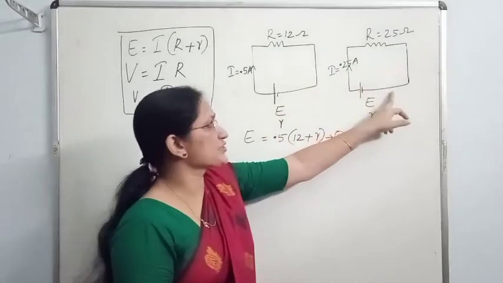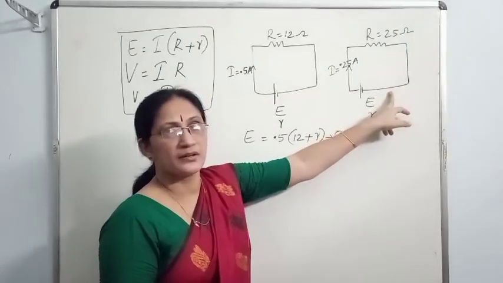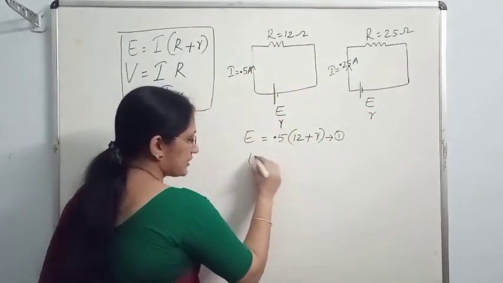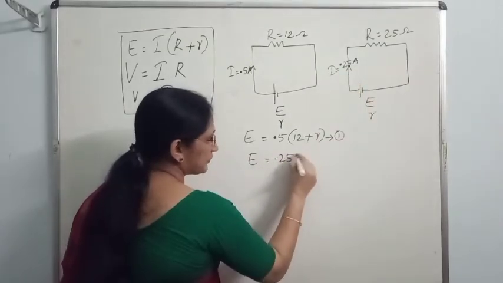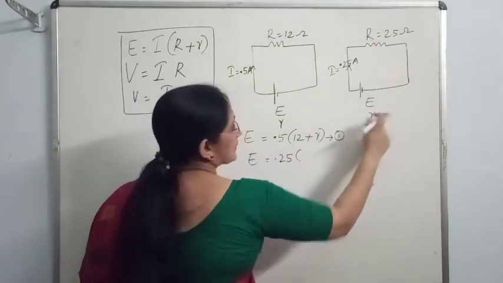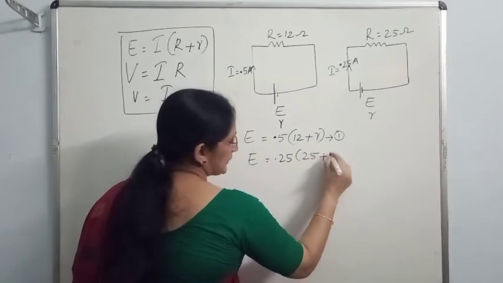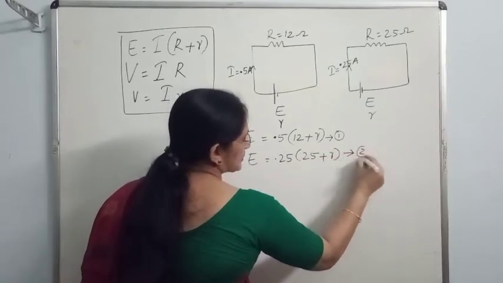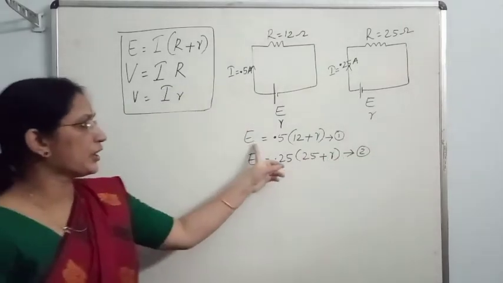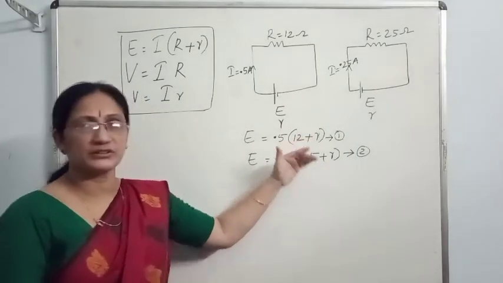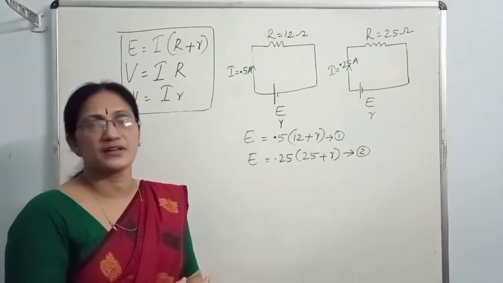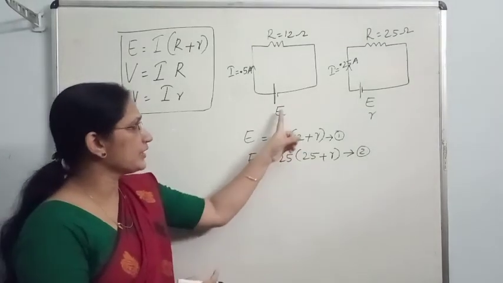Apply the same equation in this case. Then you will get E is equal to 0.25 into 25 plus small letter r. Equation number 2. Here you have two equations with two variables, so you can solve the two equations and get the values of E and r.